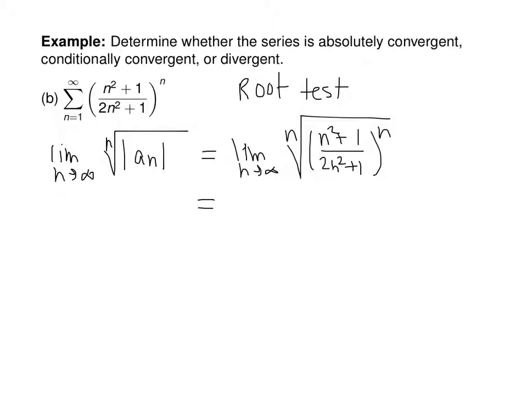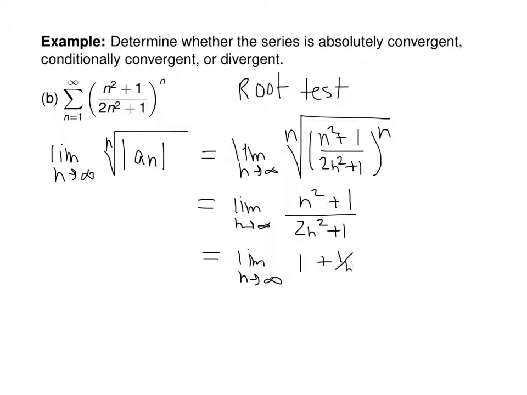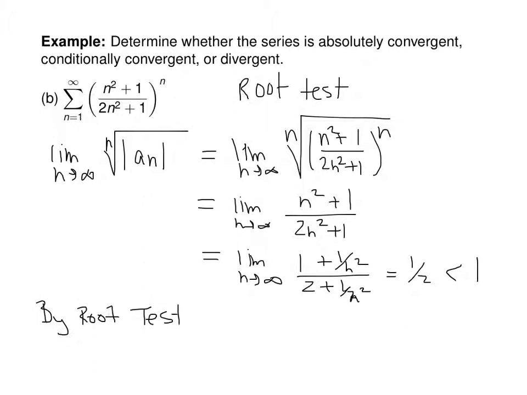So that just leaves us with the limit as n goes to infinity of n squared plus 1 over 2n squared plus 1, which when we divide the numerator and denominator by n squared is 1 plus 1 over n squared over 2 plus 1 over n squared, which is a half. And since that's less than 1, by the root test, this series is absolutely convergent.